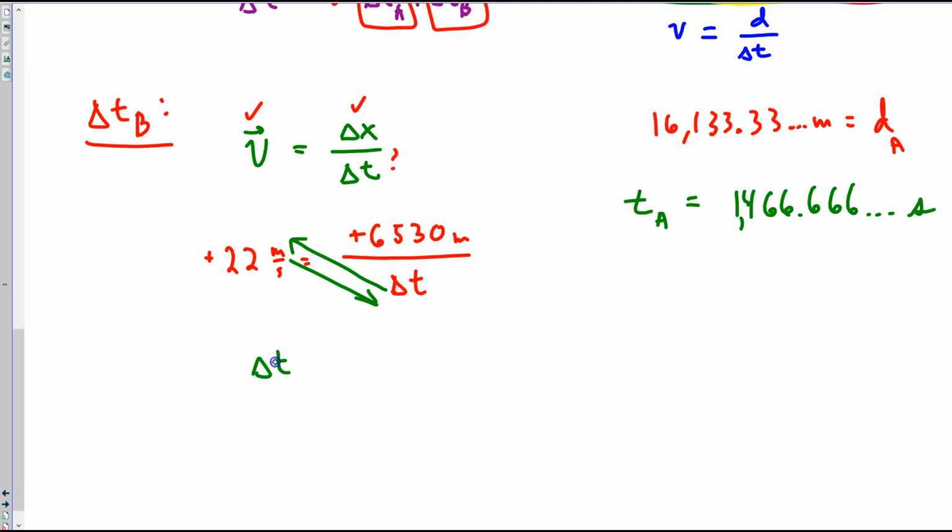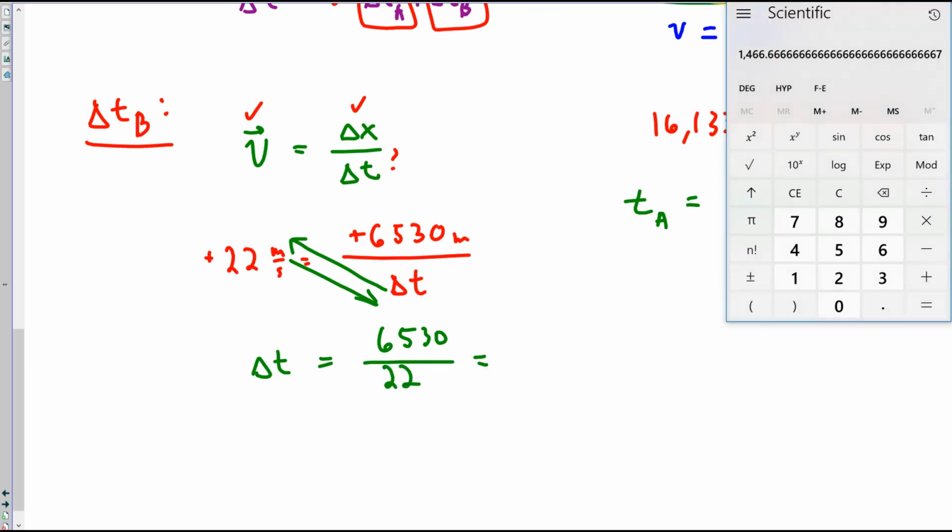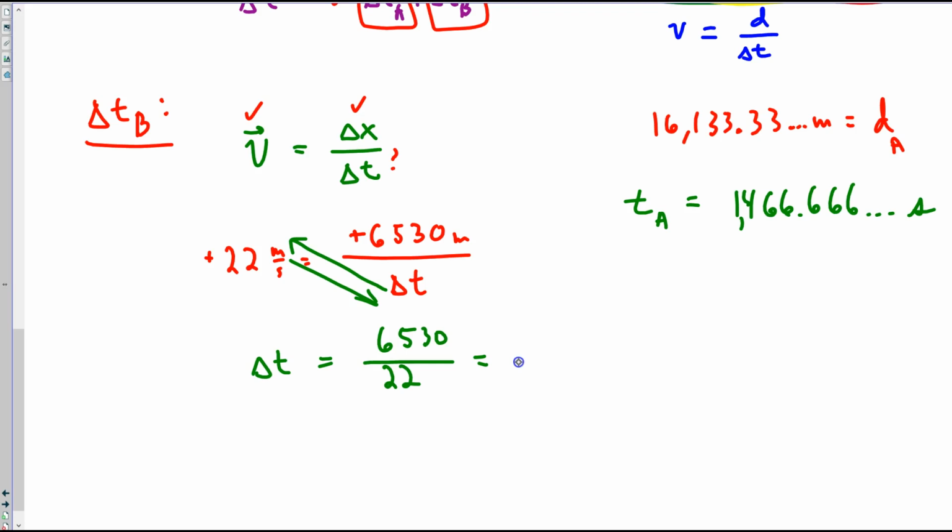We'll end up with time is 6530 over 22. That's, hang on, 296 and then 8.81 repeating seconds. Okay. That's the time for segment B, is what I've just found.